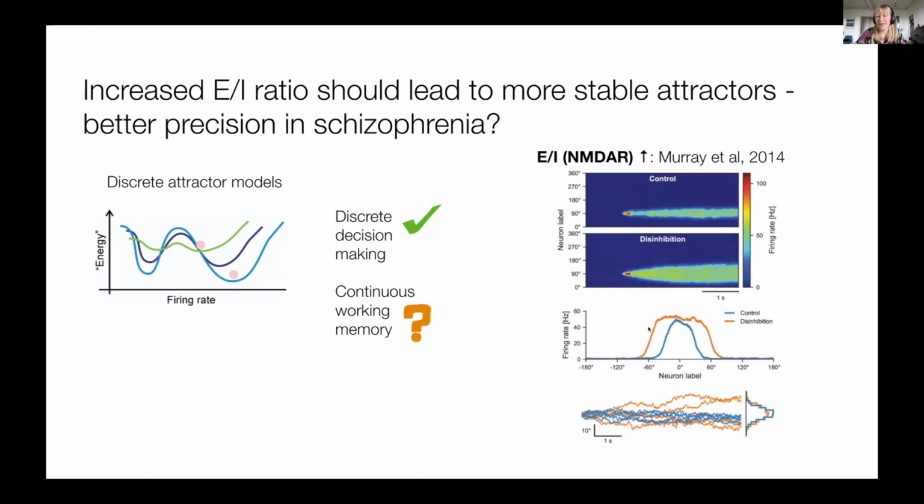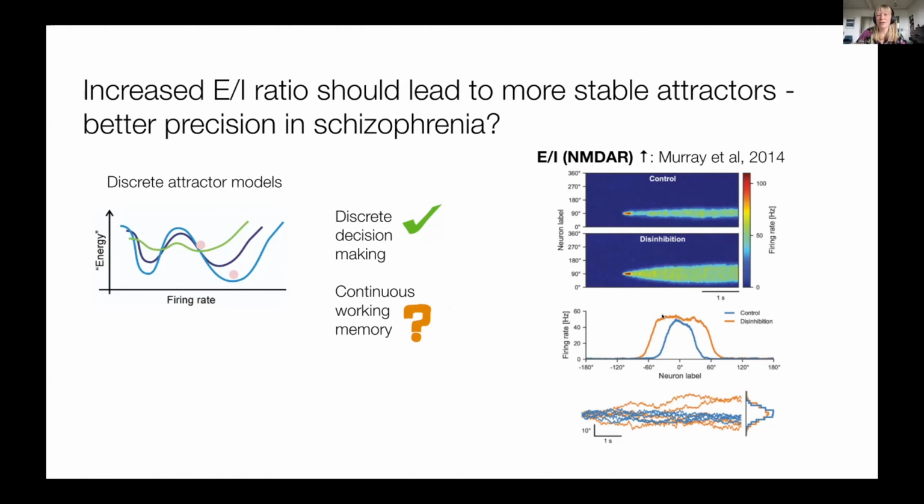And the effect that this has on the neurons of the network is that more neurons start to participate in such an activity bump. And on average, the firing rates within the bump are also higher. So one might argue that, in fact, in this disinhibition case, our attractors are more stable, right?